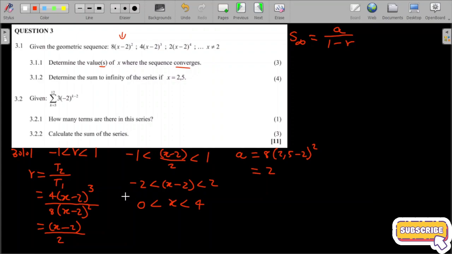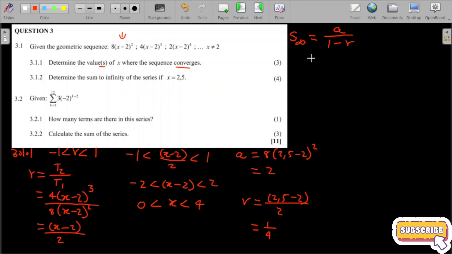Now finding the value of r, because we need it. My r is (2,5 - 2) over 2, so my value of r is 1 over 4.